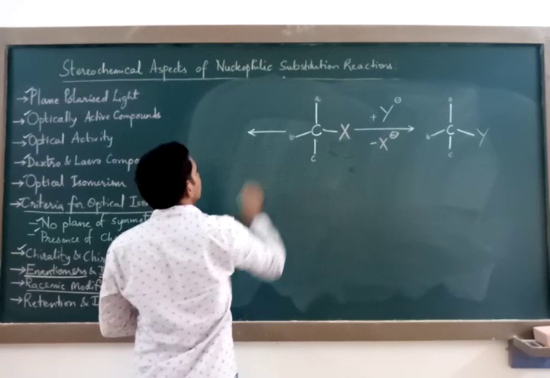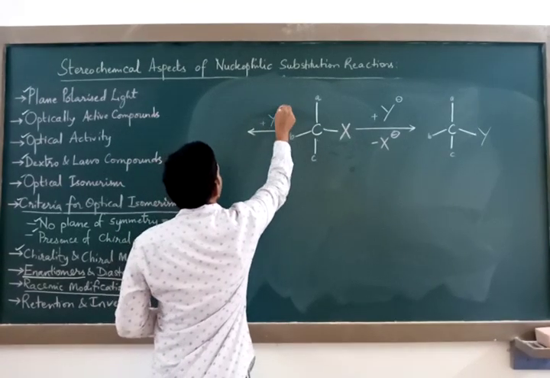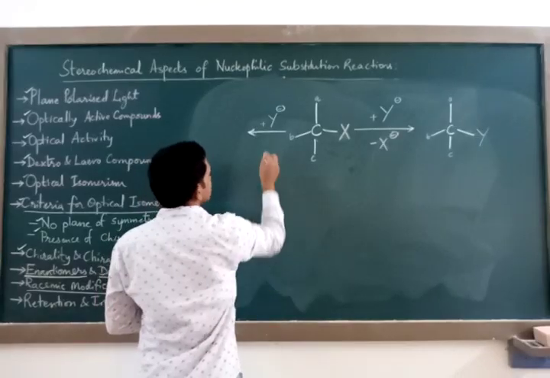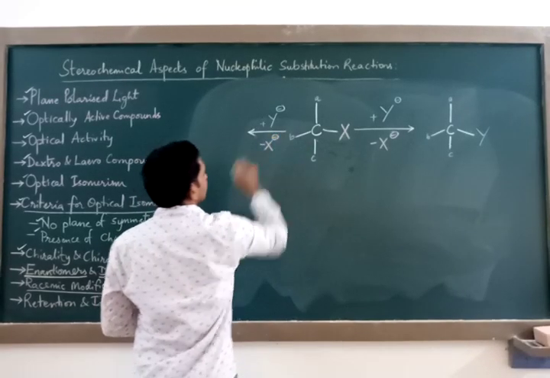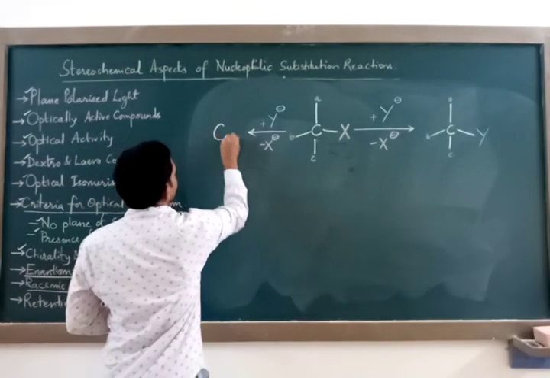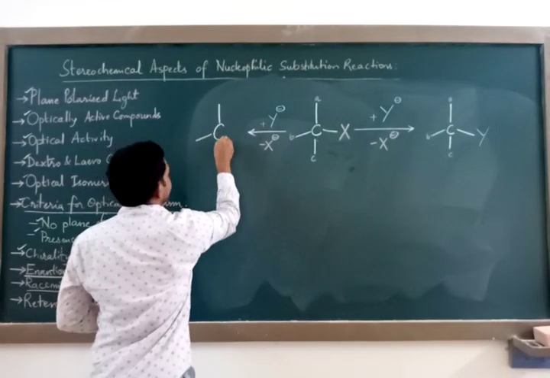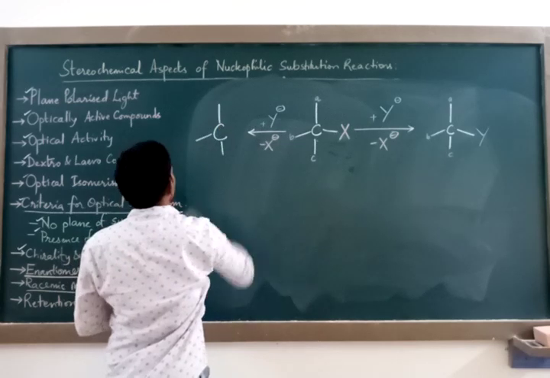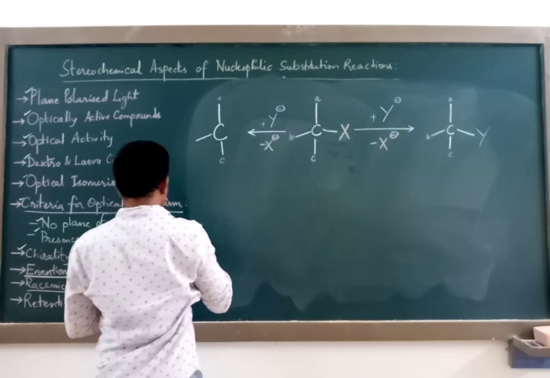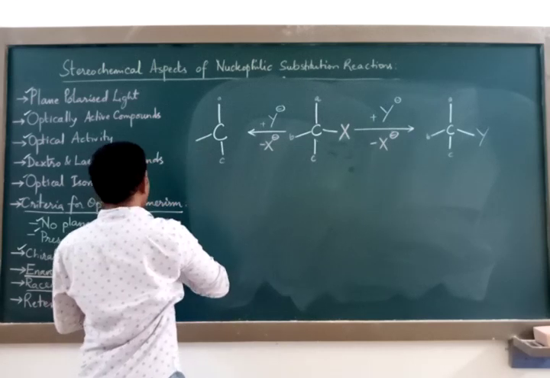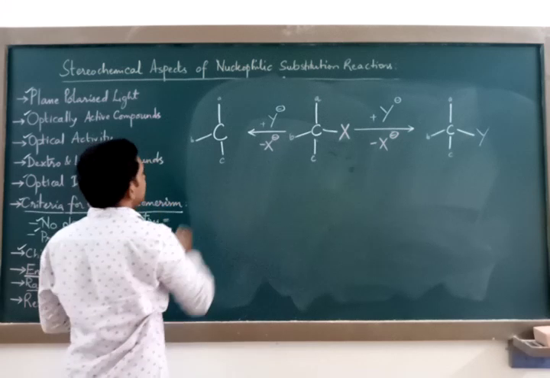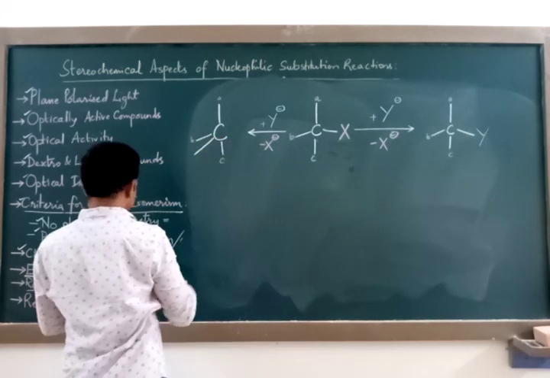Again assume that you are substituting X by Y. When Y approaches, X leaves. Then the product will be here A, here C, here B. What should come? Y. But Y will take place here.